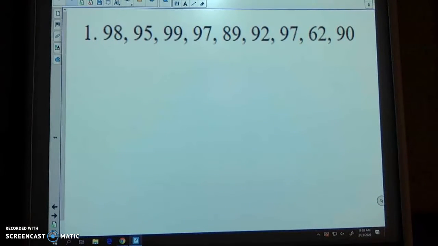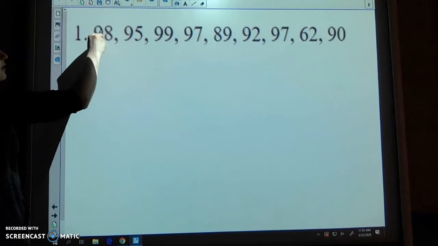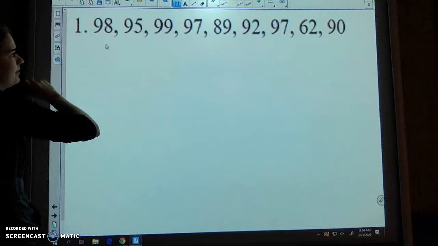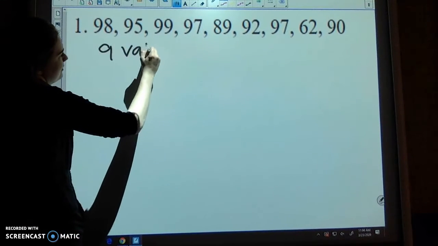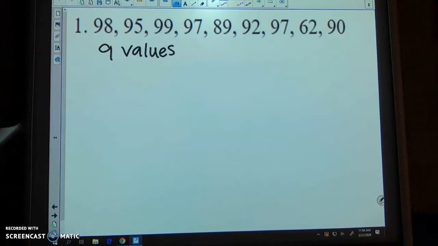All right, so our first question is we have this set of 9 values. You're going to want to write that down for your mean. 9 values, all right? The first thing you're going to want to do is write them in order from least to greatest.